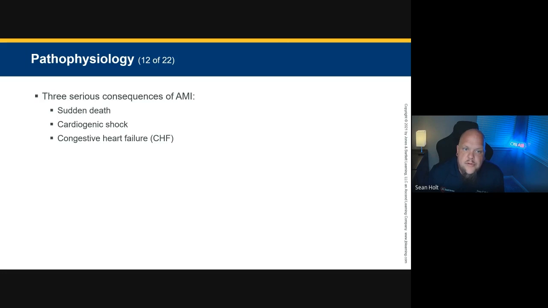There are 3 serious consequences of an acute myocardial infarction. We have sudden death, where the patient passes out, loses pulses, and suddenly, they're dead, and we're doing CPR on them. Cardiogenic shock, which can happen basically during an acute myocardial infarction. Pink frothy sputum that we talked about earlier, meaning spit or basically upchuck from the lungs, right?